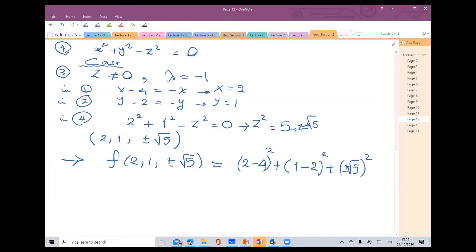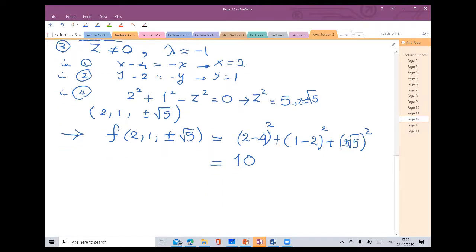So the distance squared here is 2 squared, which is 4, plus 1, plus 5, so 10. So the function value at these 2 points actually turned out to be 10, or in other words my distance is equal to square root of 10.